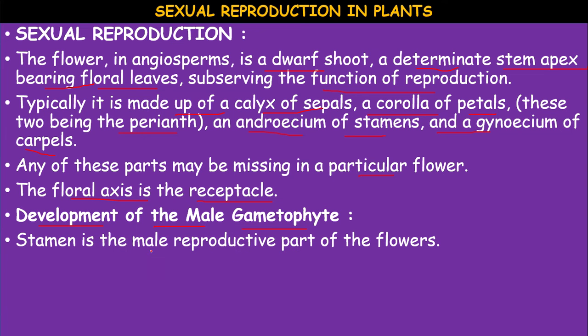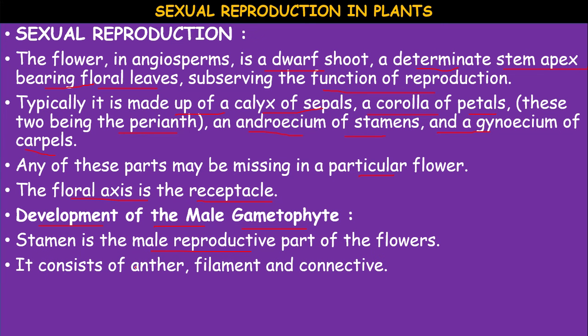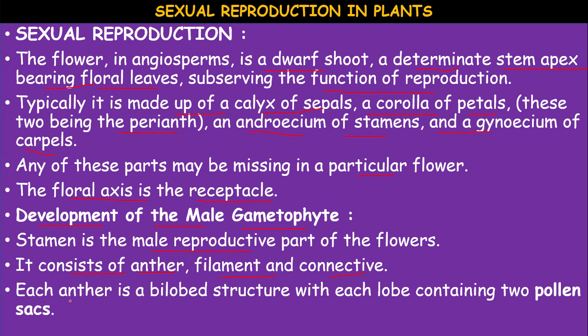The stamen is the male reproductive part of the flower. It consists of anther, filament and the connective. Each anther is a bilobed structure with each lobe containing two pollen sacs. Pollen sacs means a total of 4 pollen sacs, or they are also called microsporangia.